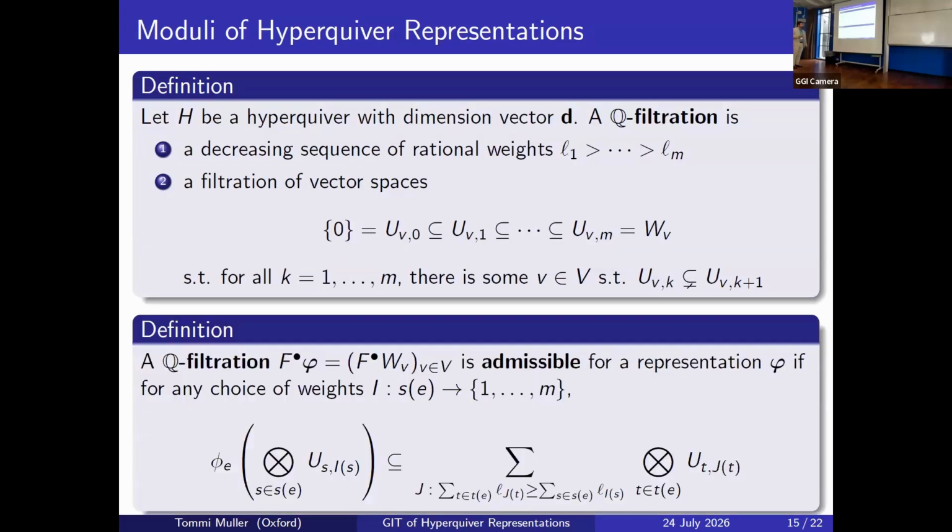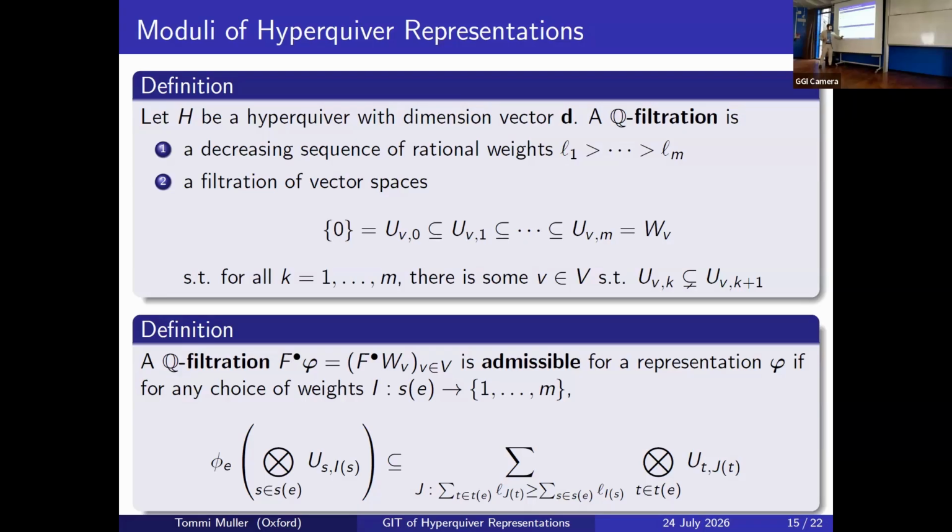And you say an acute filtration is admissible for hyperquiver representation phi if for any choice of weights, which we write as this function I that assigns source vertices to some index of the weight space, phi at edge E needs to send those weight spaces into the span of the weight spaces at the target whenever this inequality holds.